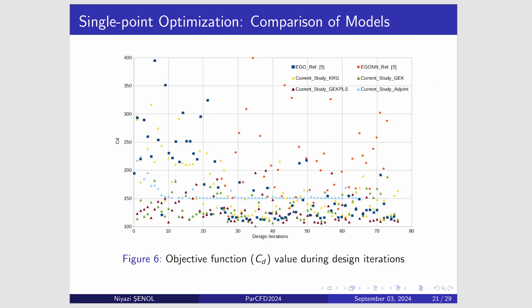So this is the objective function CD versus design iterations. The first 25 are the design of experiment, and then we are giving 50 design iterations. You see their EGO and EGO neural network.